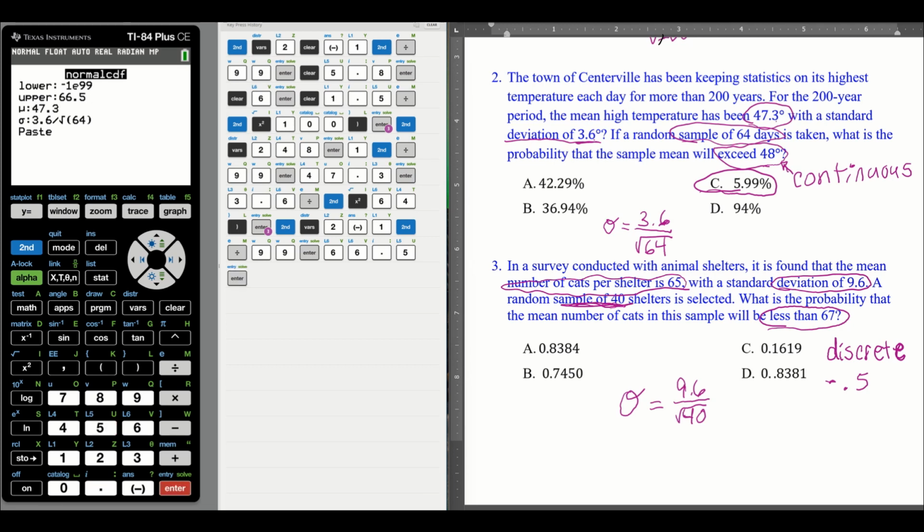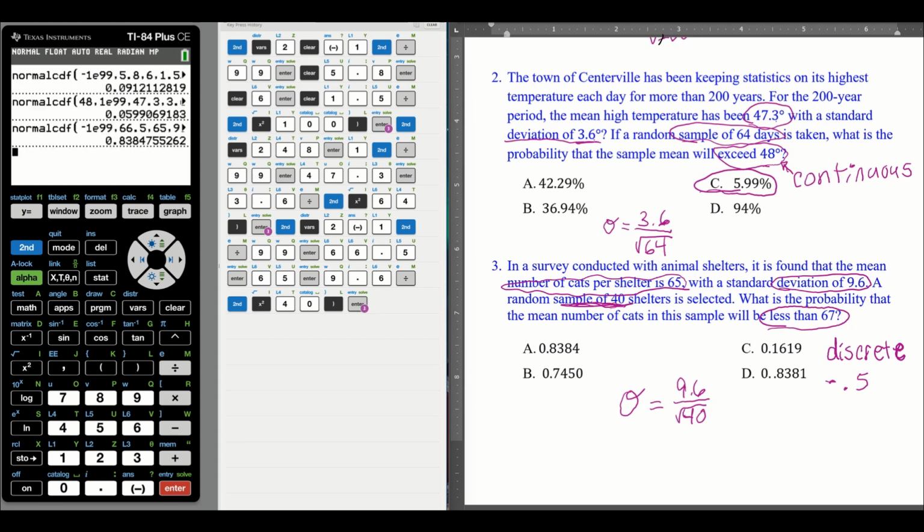Now our mean, they do give us a mean of 65. Enter. Now we have 9.6 divided by second, under the square root would be our 40. And enter again, enter again. Ooh, and let's see, we would have to round.